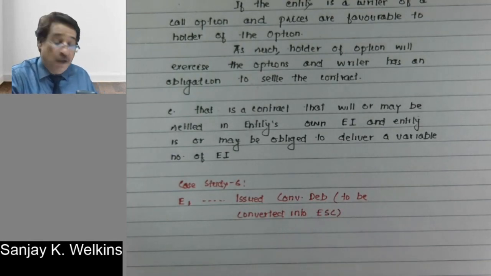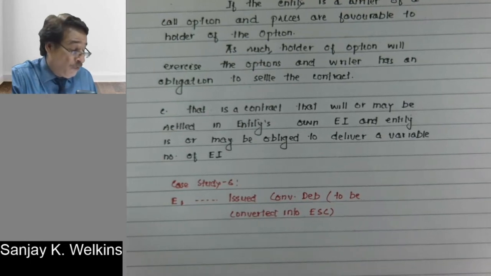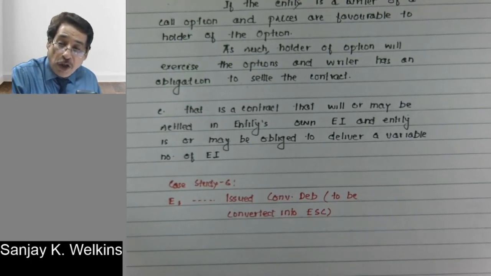So this entity has issued convertible debentures that after some time can be converted into equity instruments, correct?